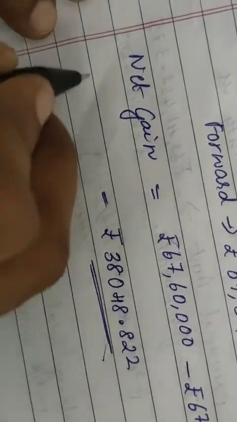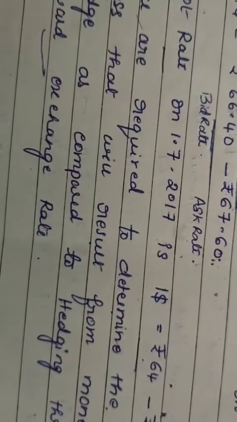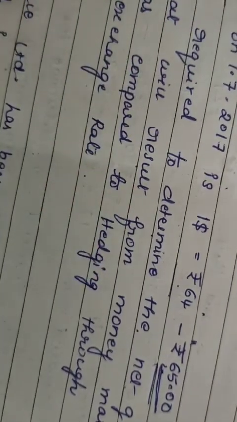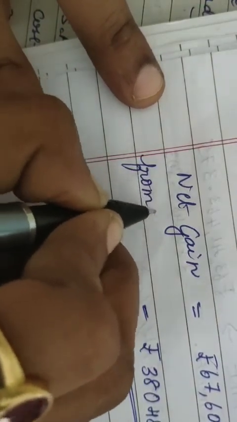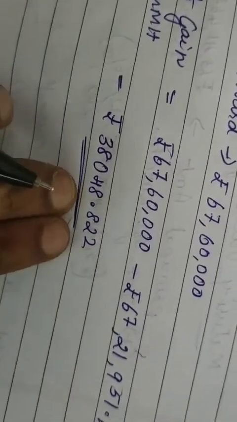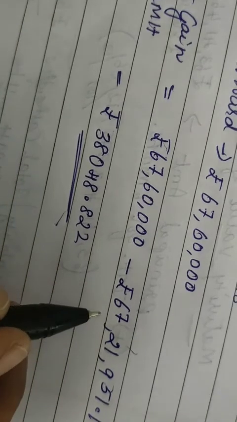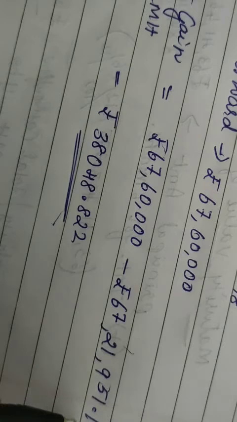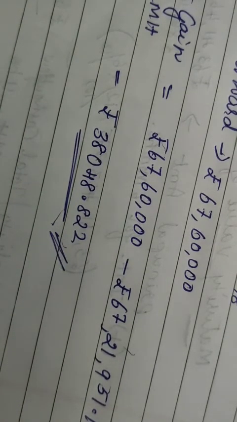This is the net gain that will result from money market hedge. So net gain from money market hedge will be 67,60,000 minus 67,21,951.178. So this is the net gain value.